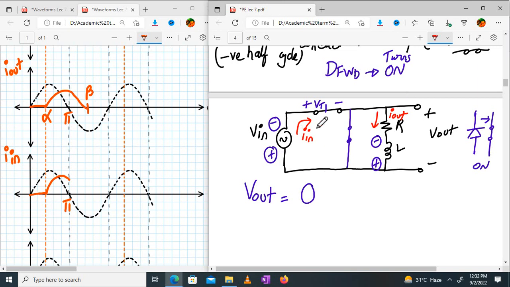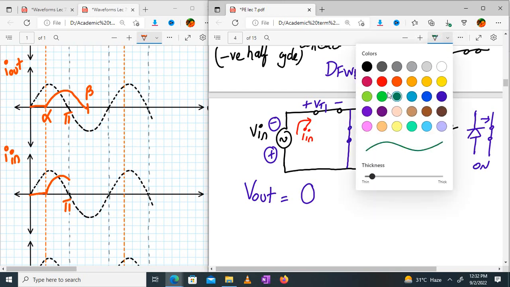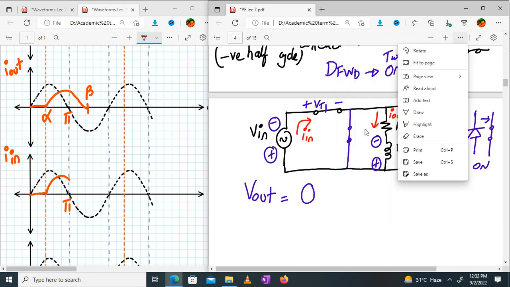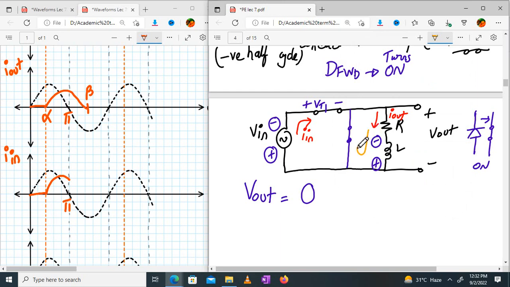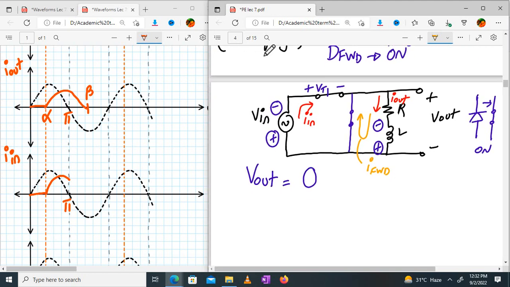Now because my freewheeling diode is conducting, they will have one more current, which is called as freewheeling current. I am marking over here as this current, I call it IFWD, freewheeling current. Okay? Now you tell me, if I apply a KCL at this node, let's say point A, what will be IN?